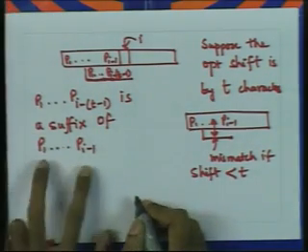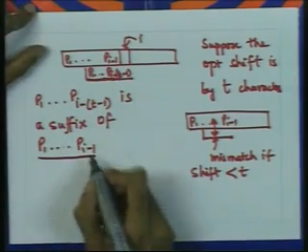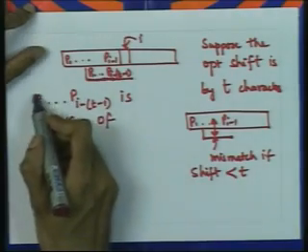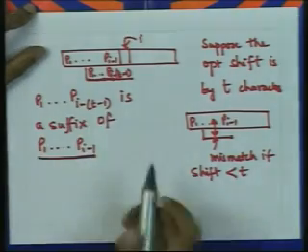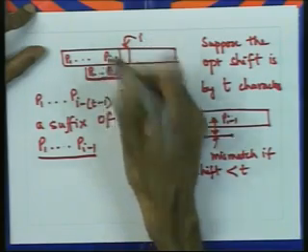So this is a word with i minus 1 characters, and this word is a suffix of this. That's what this shows, that these two are the same.